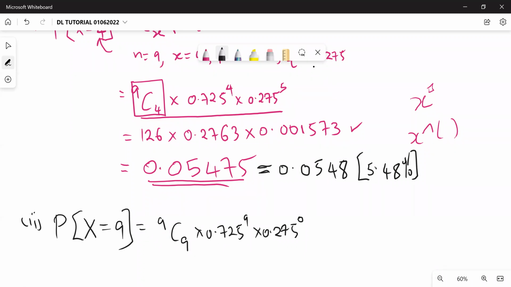You realize that 9 combination 9 would be equal to 1, since any number combination itself is 1. Then 0.275 power 0 will also be equal to 1. So actually the answer is 0.725 power 9. If I were you, I would leave the answer like that. But if you want, you can still simplify it to get 0.0553.